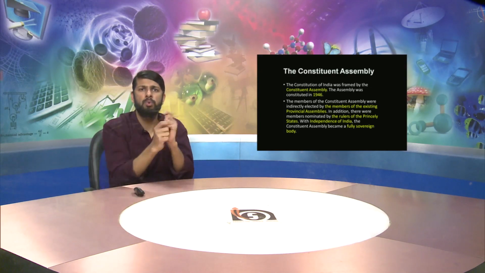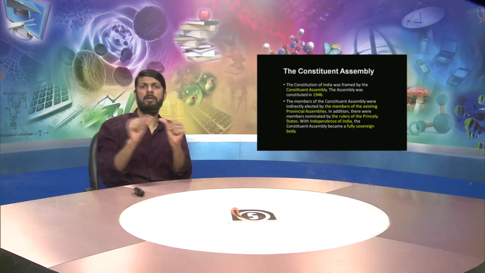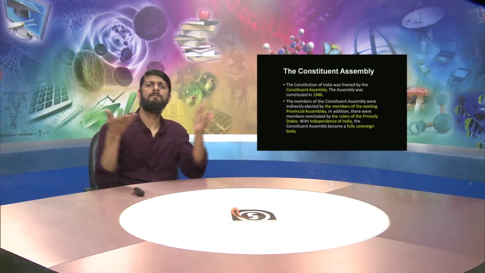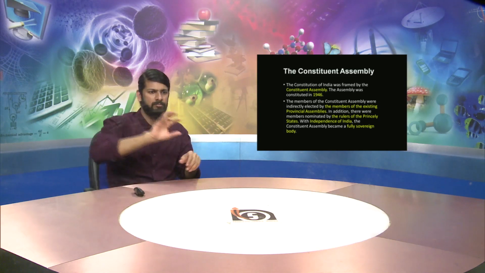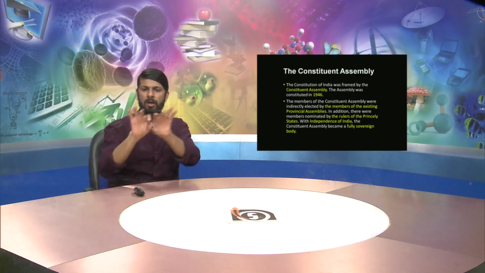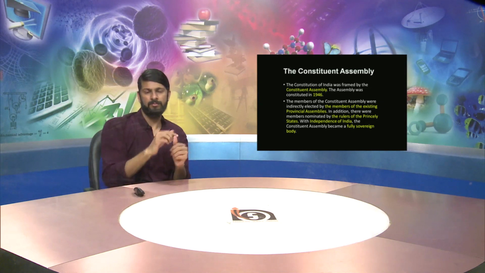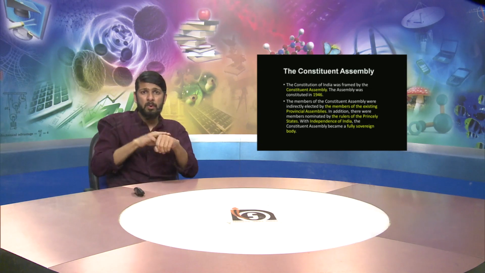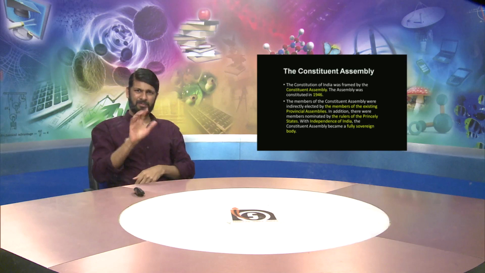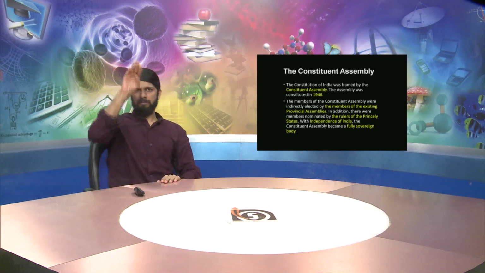The members of the Constituent Assembly were indirectly elected by the members of the existing provincial assemblies. In addition, there were members nominated by the rulers of the princely states.